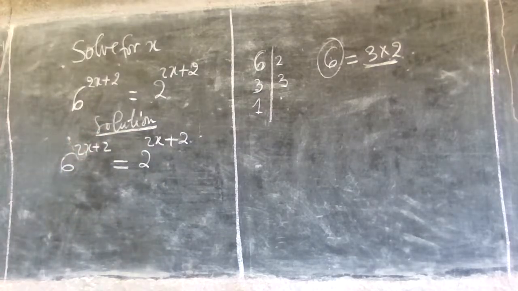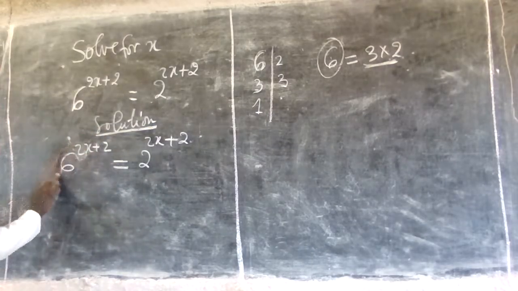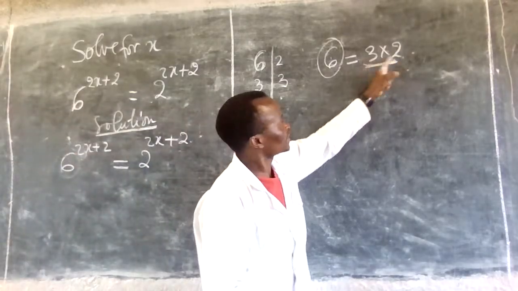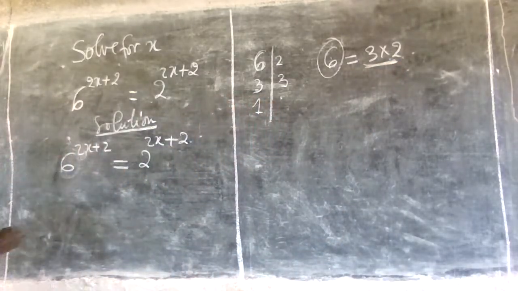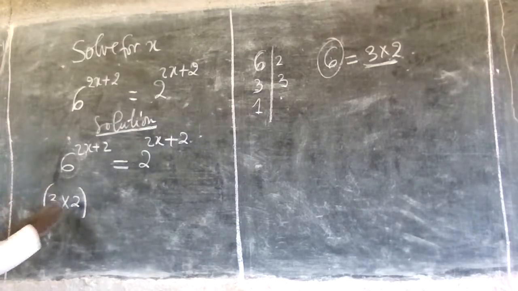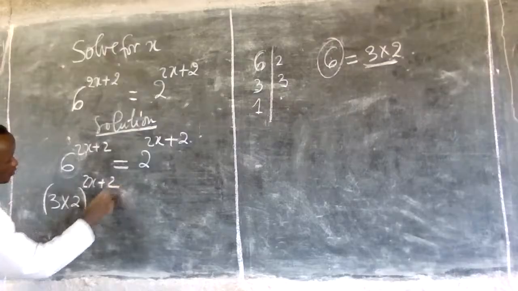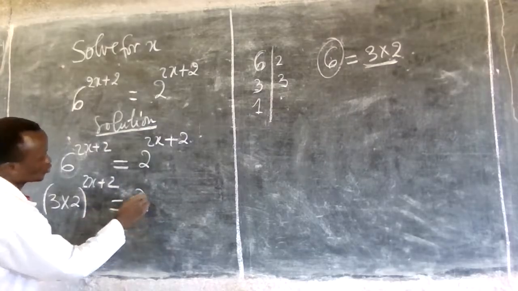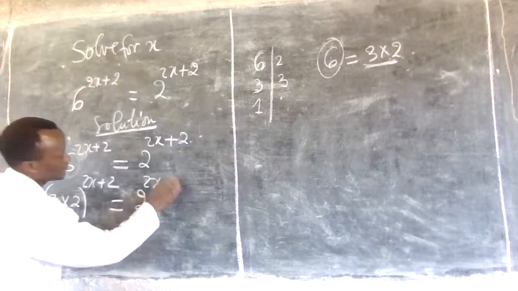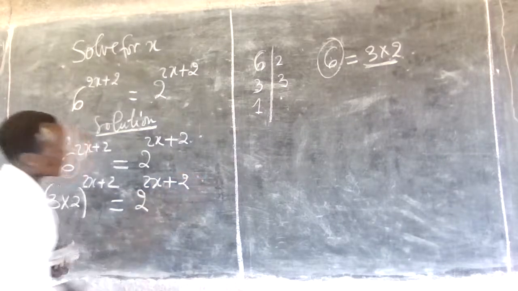Now, let's substitute this 6 by its factors. We remain with 3 times 2 power 2x plus 2, which is equal to 2 power 2x plus 2.